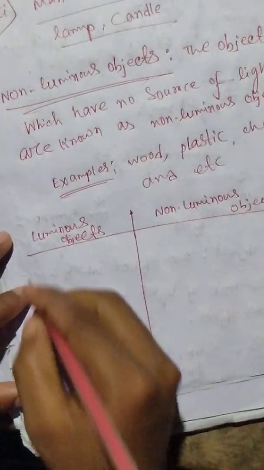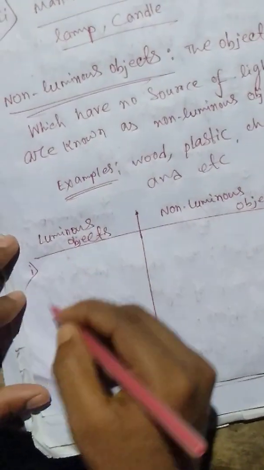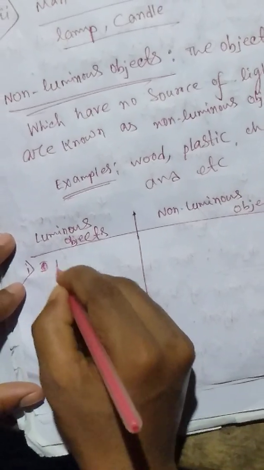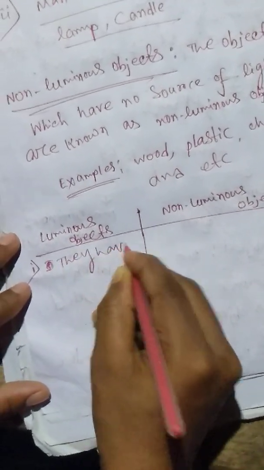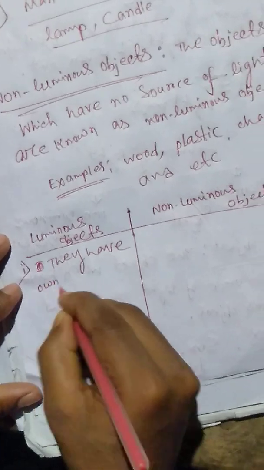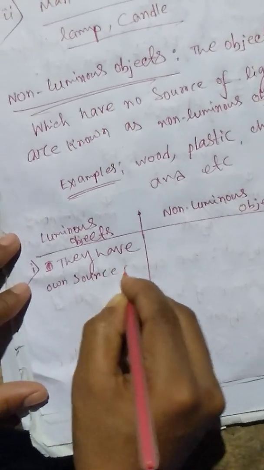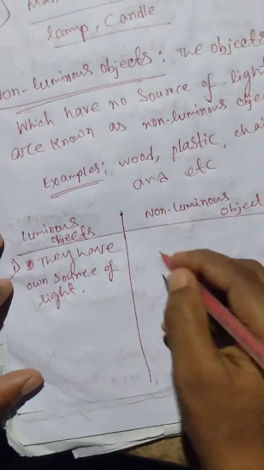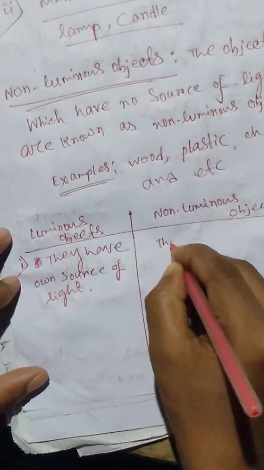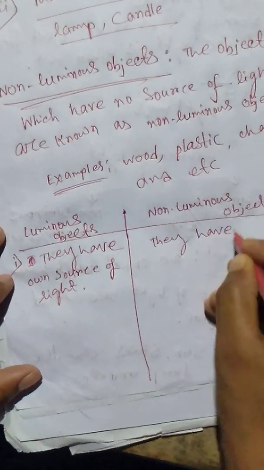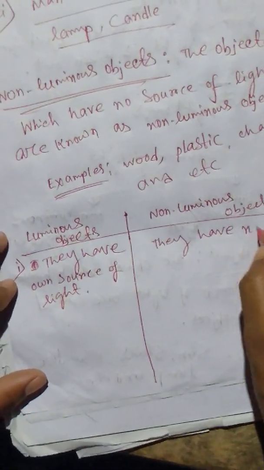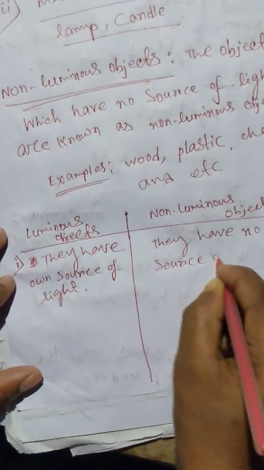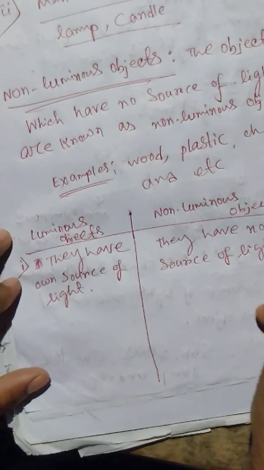The first difference: luminous objects have their own source of light. Non-luminous objects have no own source of light.